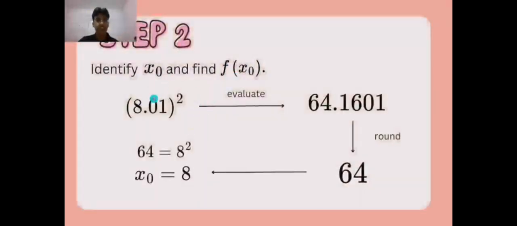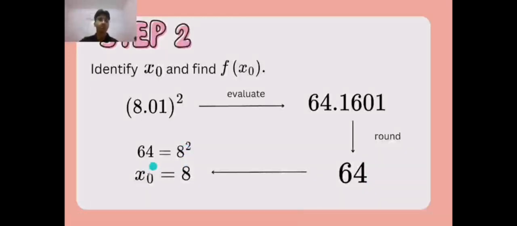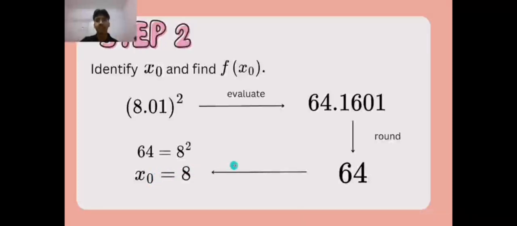To find x naught, we use the first term and evaluate it, and it becomes 64.1601, and we round it, so it becomes 64. 64 is also equal to 8 to the power of 2. So we can conclude that x naught is 8.